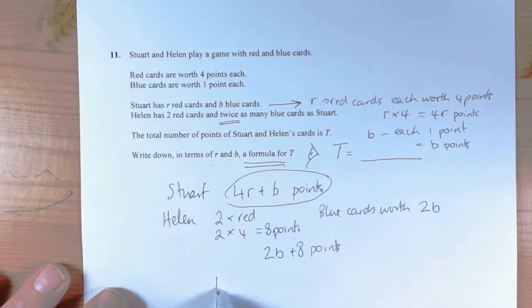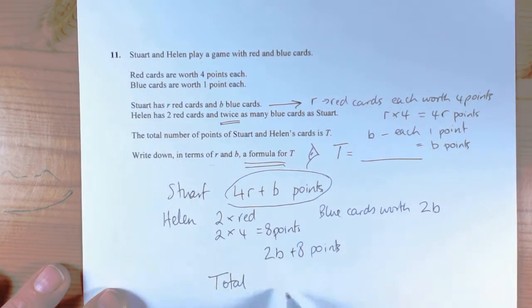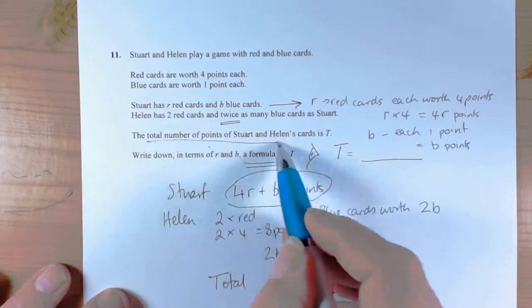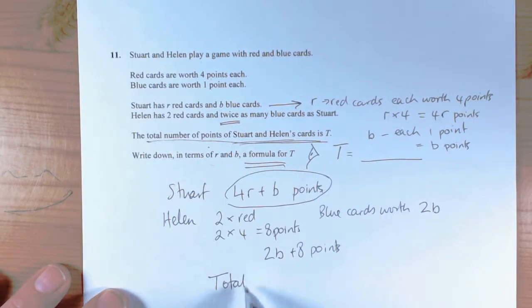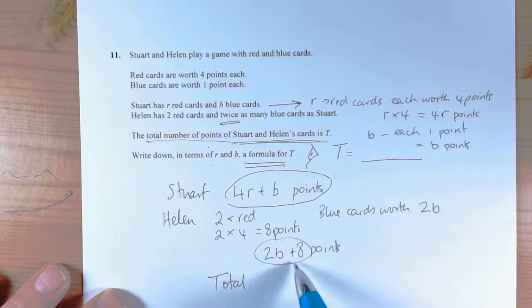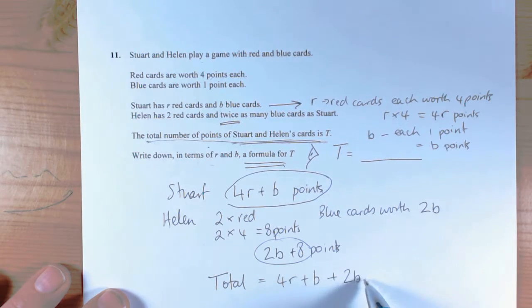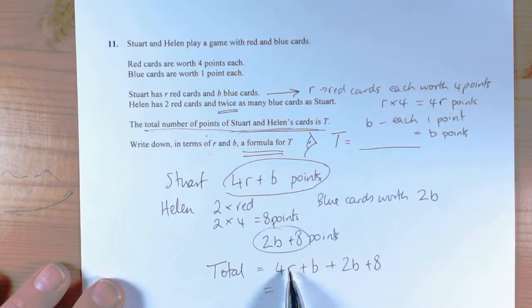The question wanted the total number of points for all Helen and Stuart's cards. So we need to be adding together the 4R plus B from Stuart plus the 2B plus 8 from Helen. And like all good mathematics, we simplify down. So we've got 4 R's, well there's no more R's.